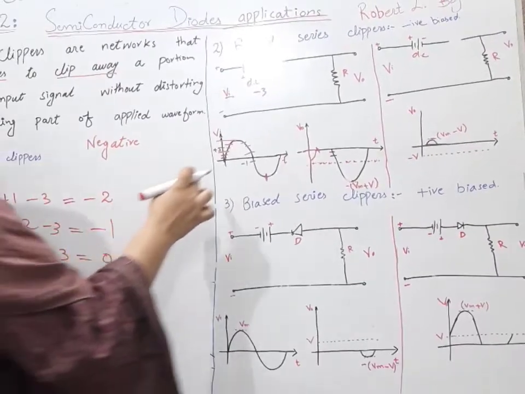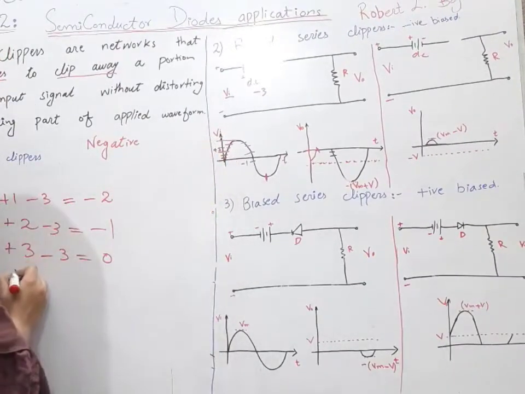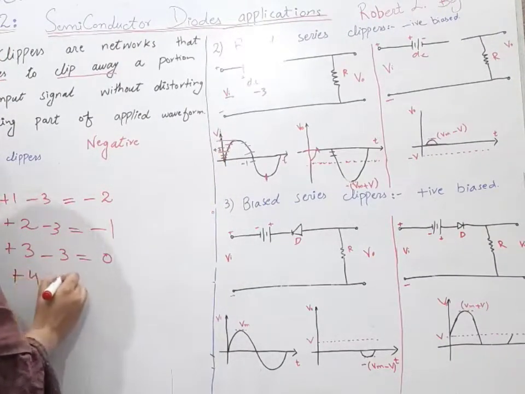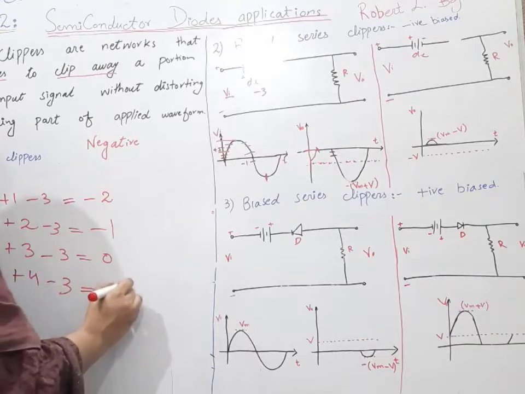When our applied waveform is at +4 and it is at -3, we will get +1.